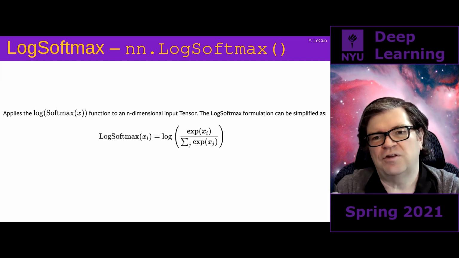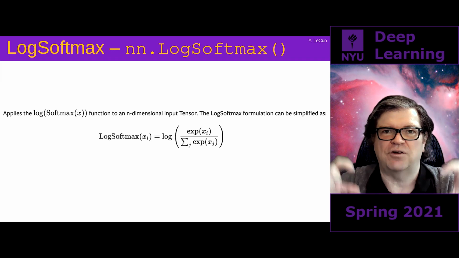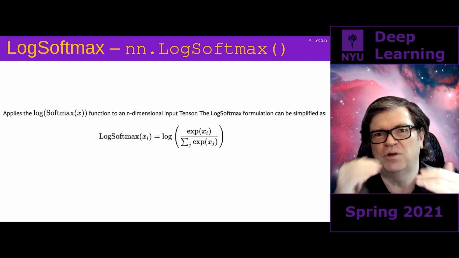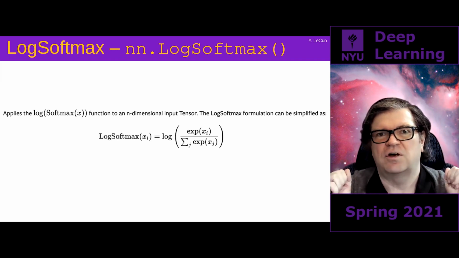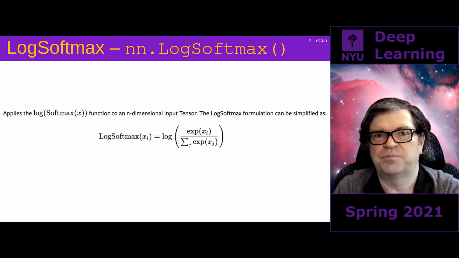But what you have done is that you've removed the absolute values of the x's. As I said, softmax really cares only about relative values of x's. So now what you have is a bunch of scores that indicate the relative values of the x's without caring about their absolute value.